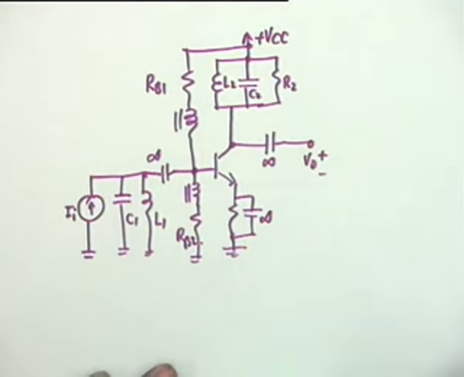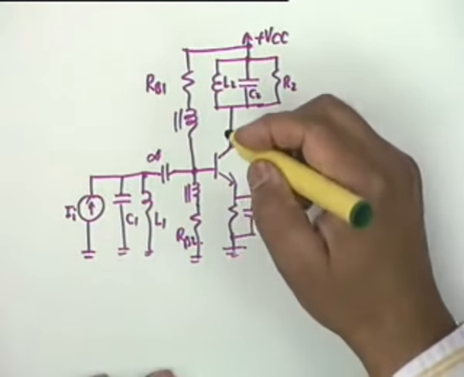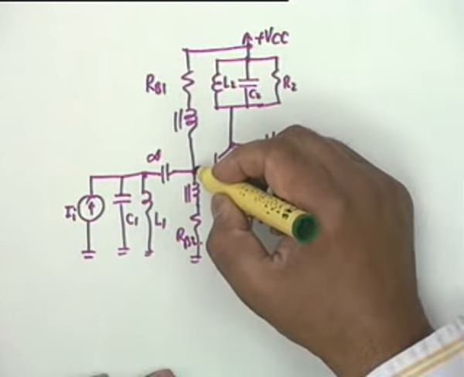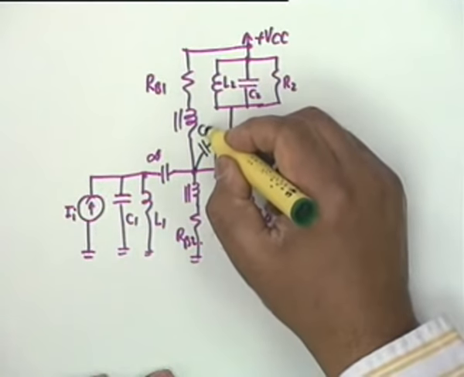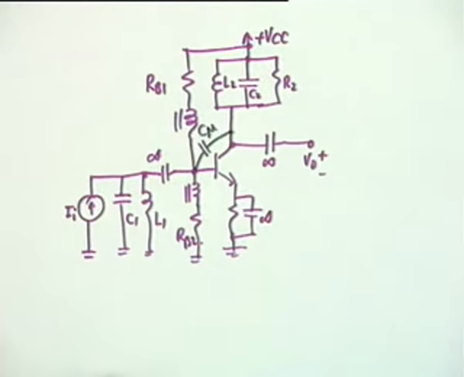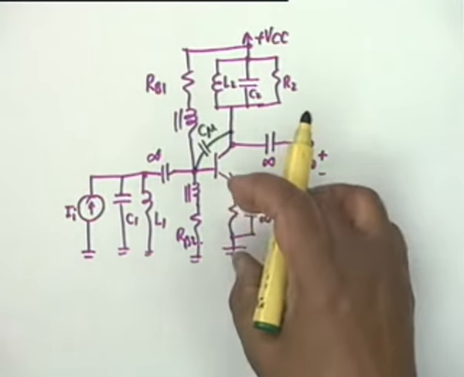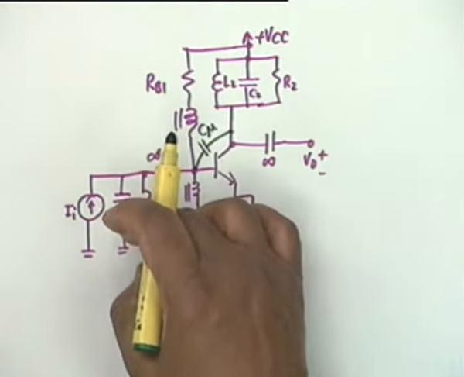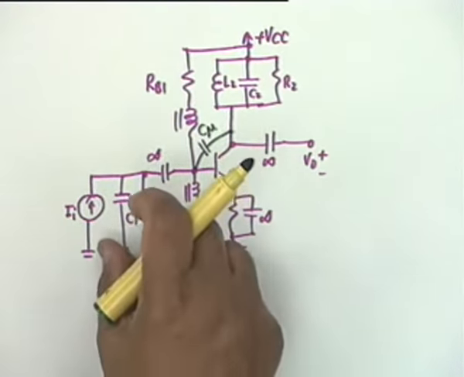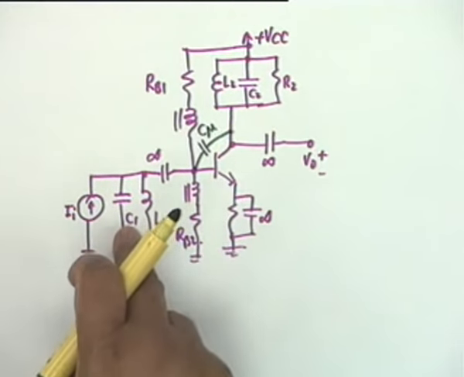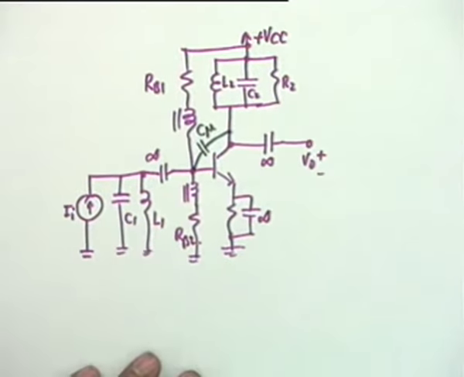The problem in such amplifiers is this inevitable small capacitor which causes havoc, C mu. R pi, C pi can be taken care of, R pi will contribute to the damping of this tuned circuit. C pi can be combined with C1, but what about C mu?